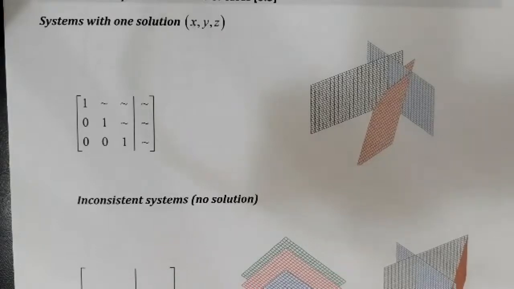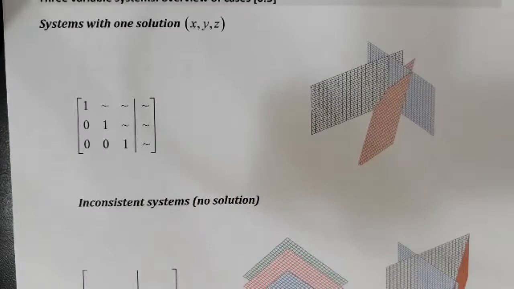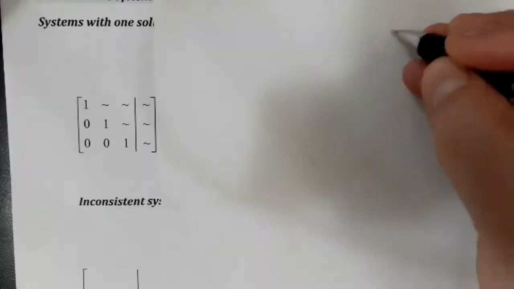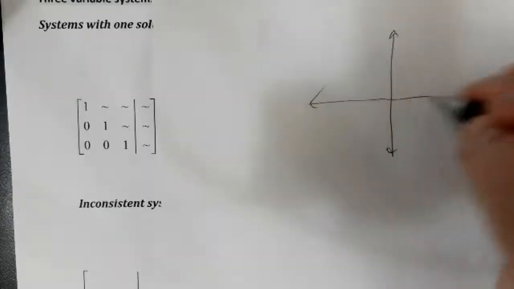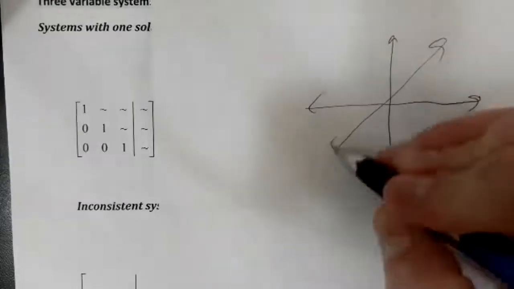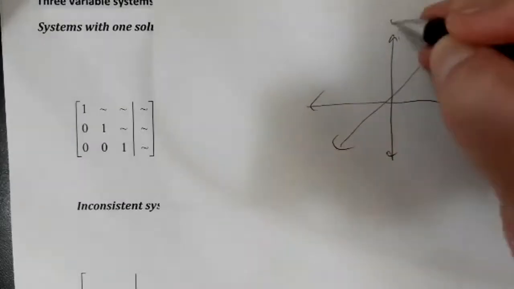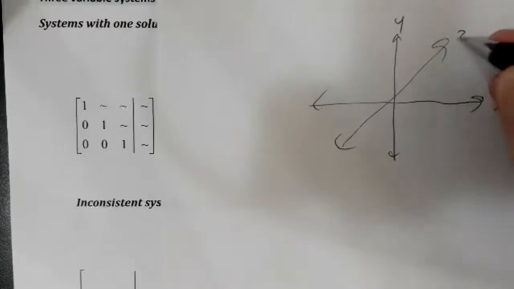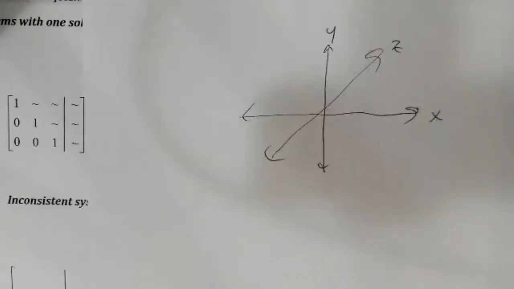You can give me a number for an x, a y, and a z. Okay, this is going to happen sometimes. Probably not very often, but I have an x, a y, and I have a z that goes in and out of my paper, right?